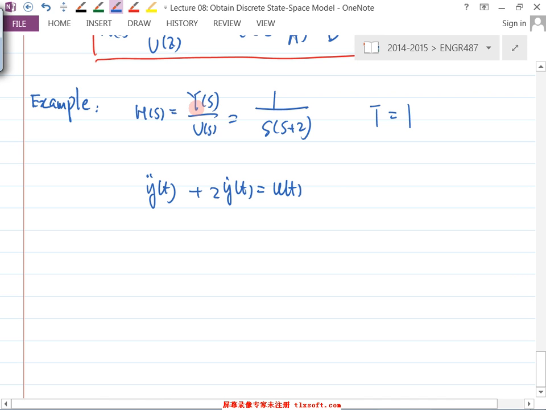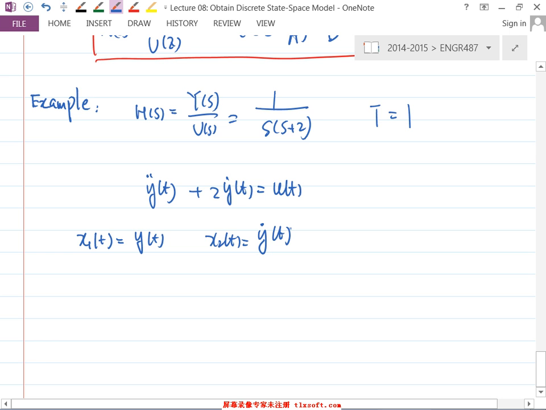Then y dot must represent velocity, right? So let's pick x1 of t as y of t, and pick x2 of t as y dot of t. Is that okay? That's very typical for a second order system.